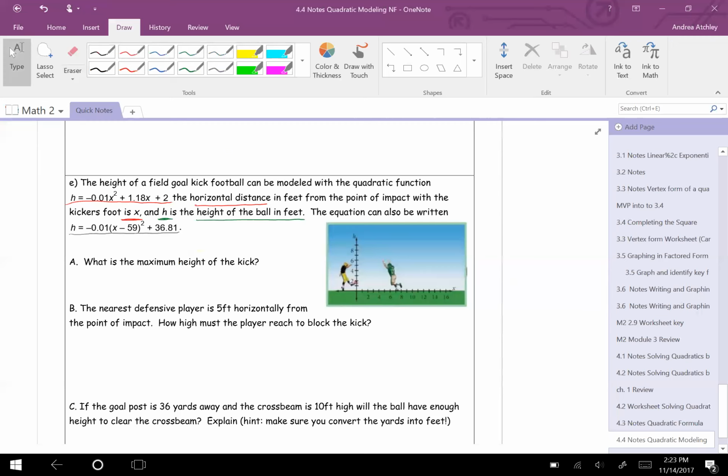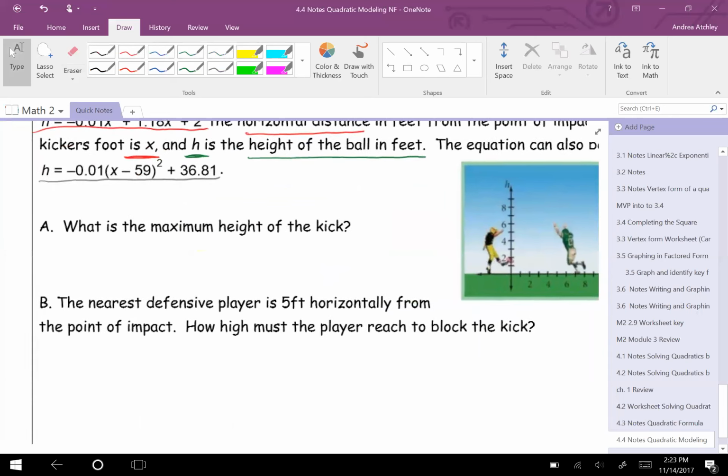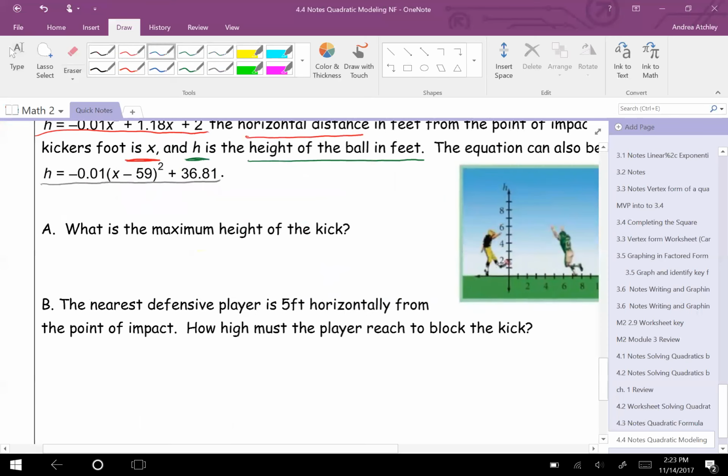So now the first question is, what is the maximum height? When I see maximum height, what should I think? Vertex. Okay, and again, I gave it to you in vertex form. So what would tell me the height in that vertex? Very good.